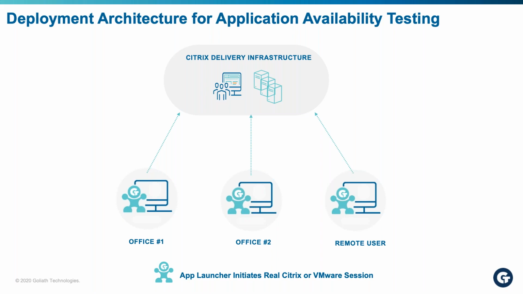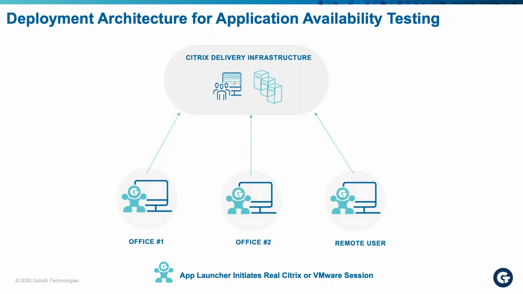So one of the proactive portions of the technology is called the application availability monitor, and how it's deployed is, as you can see in the middle of the screen, there's a central Goliath console that is deployed in your delivery infrastructure, or within your data center.